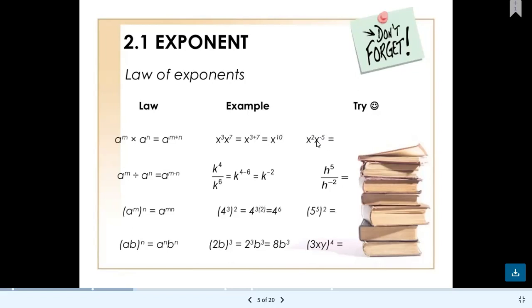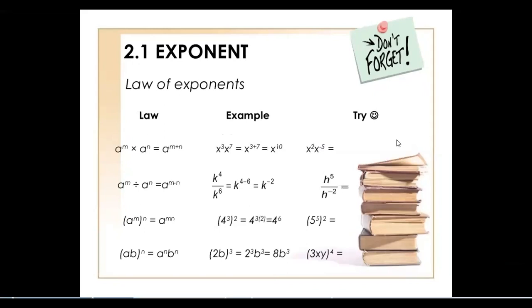Am I right? Kasi pag 2 plus -5, may utang pa ding 3. So x raised to -3. Tama ba? Nakuha ba natin? Same ba tayo ng mga sagot?